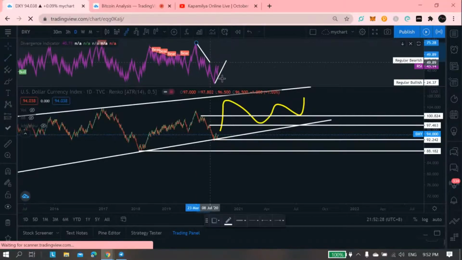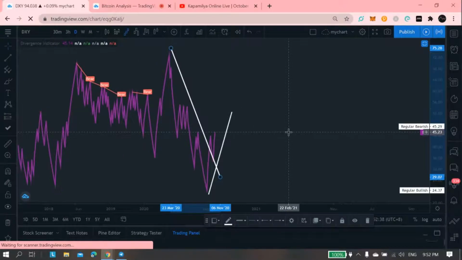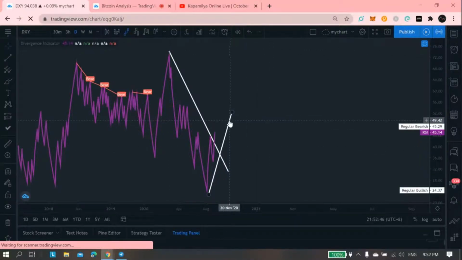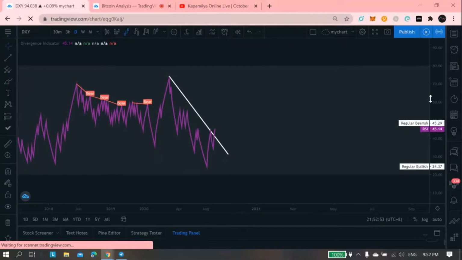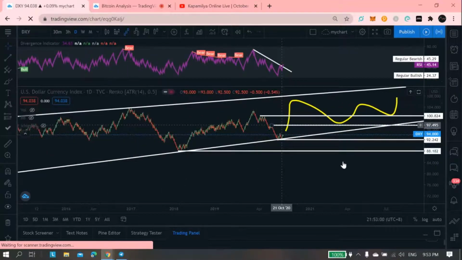Let's make it bigger. Actually, a breakout could possibly retest this area, the 54 RSI. So yeah, higher chances that it will retest the 97 area.